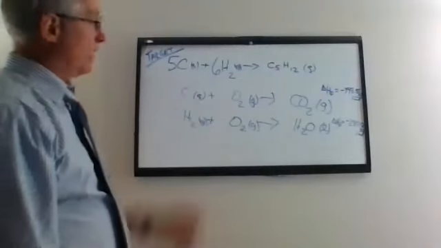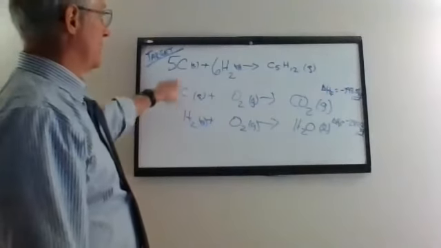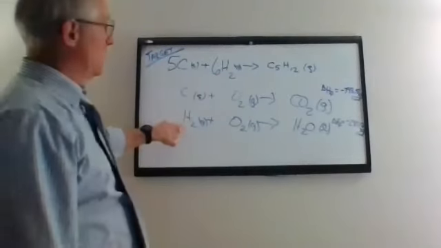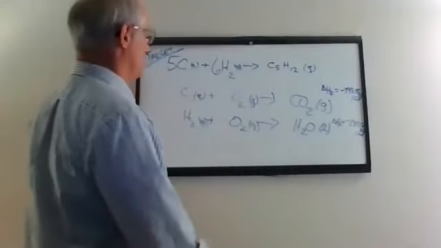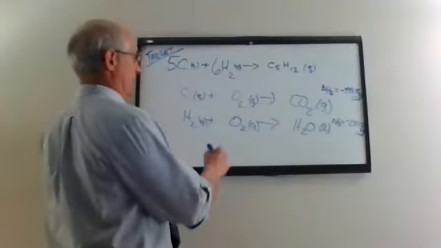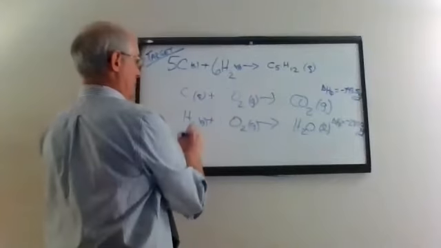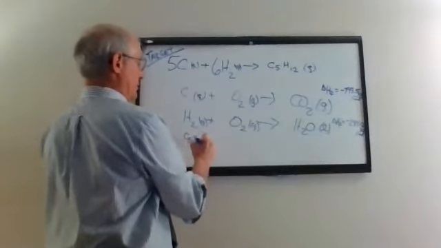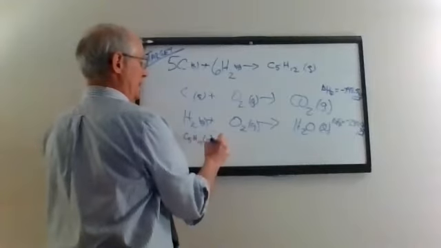Okay, now I'm going to have a third equation because I got carbon taken care of in here. I've got hydrogen taken care of in here, but I don't have that thing. So we're going to go ahead and say, we're going to burn that. These are tools that are in your toolbox, you might say.